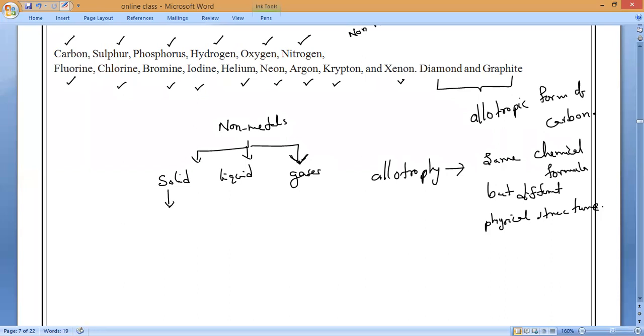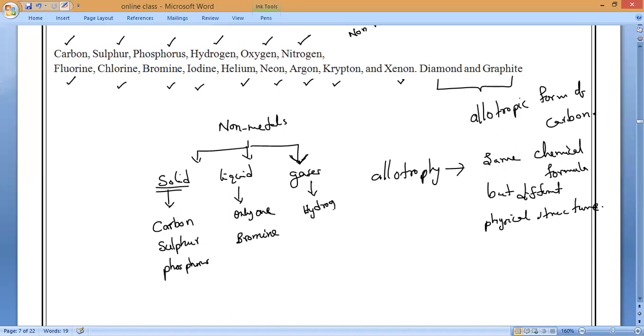Can you give me an example of a solid non-metal? Graphite, carbon, sulfur, phosphorus. We call these solid non-metals. Liquid, only one. What is the only one, Mitakshri? Bromine. Next, gas examples.